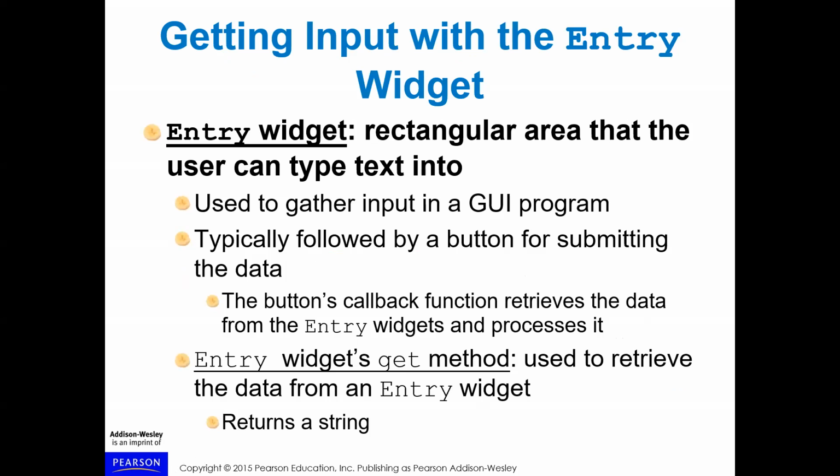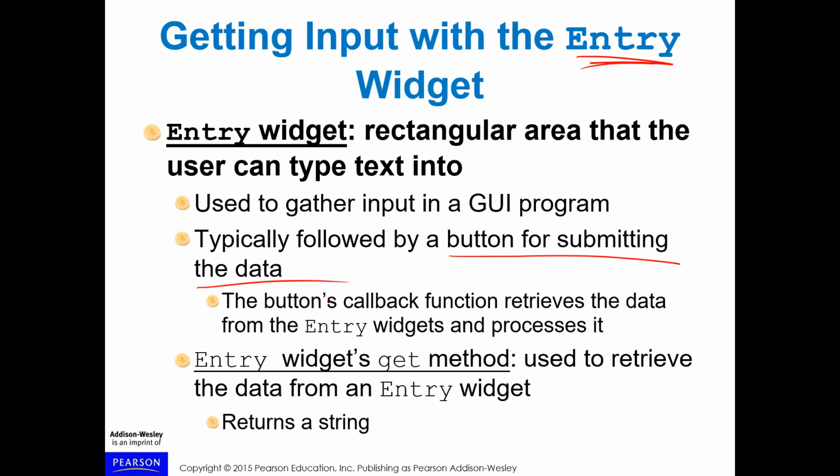All right, another thing you might want to do is get input from the user with the entry widget. So the entry widget is a rectangular area that the user can type text into. It's used to gather input in a GUI program, typically followed by a button for submitting the data.